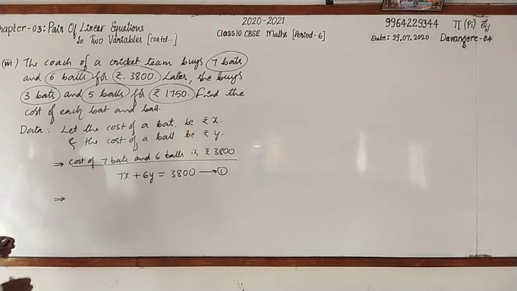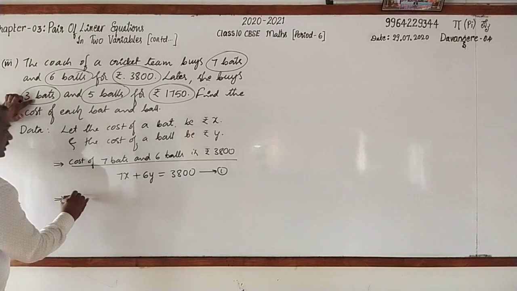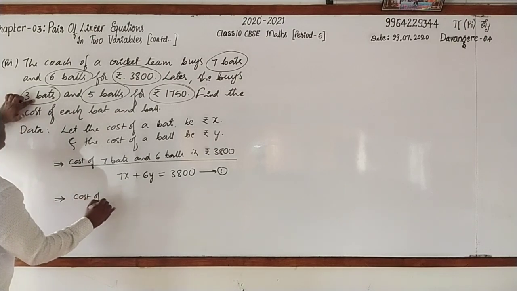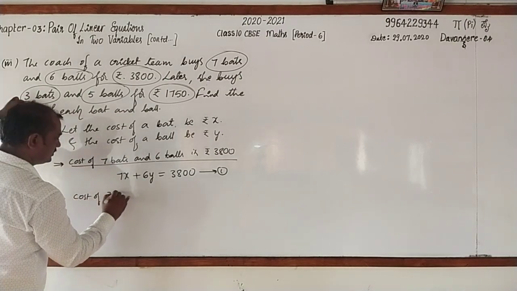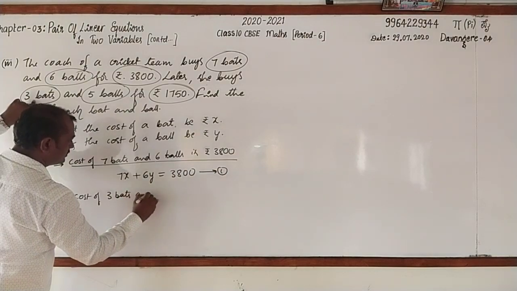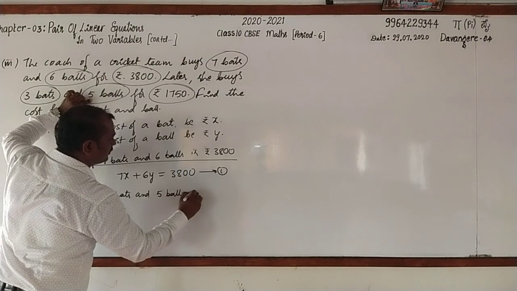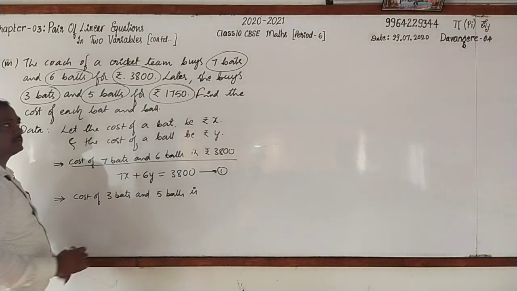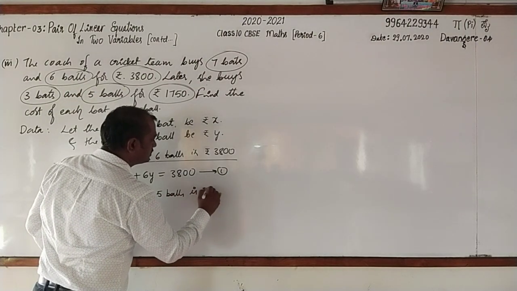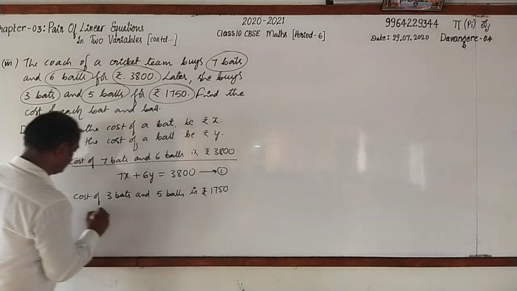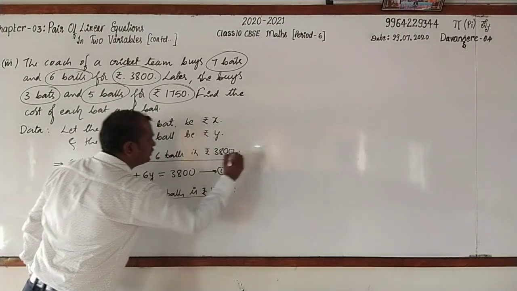Next, another statement: the cost of 3 bats and 5 balls is rupees 1,750. Now let us convert this into an equation.